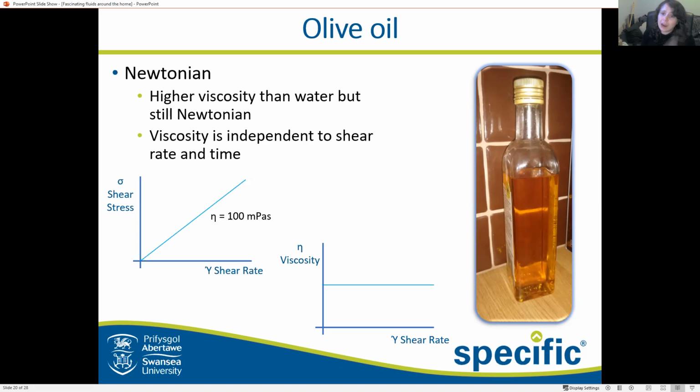No matter how much force I apply, how fast I stir or how long I stir it for, it will have the exact same viscosity, which for olive oil is around 100 millipascals. So it's 100 times more resistant than water, but is still completely Newtonian and will follow all of the Newtonian equations.